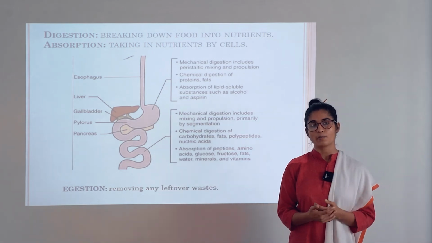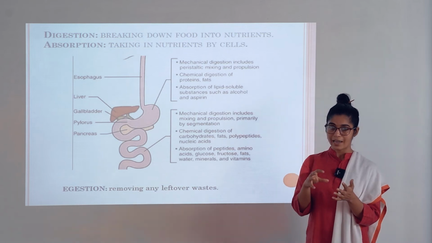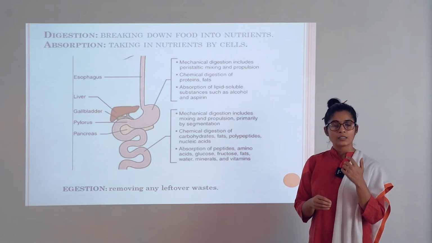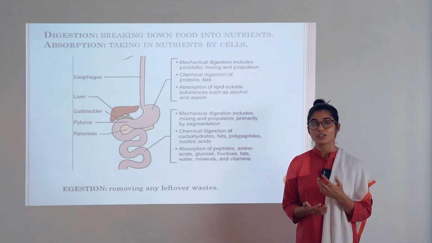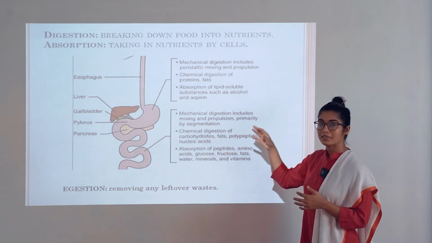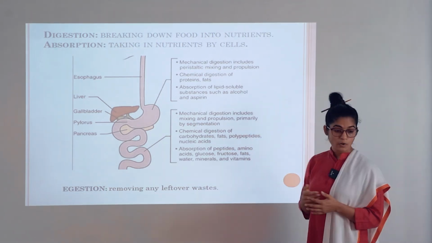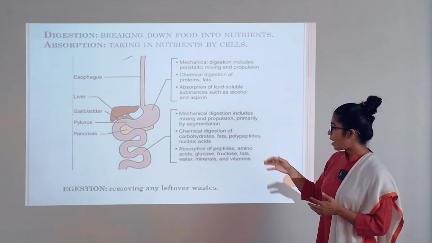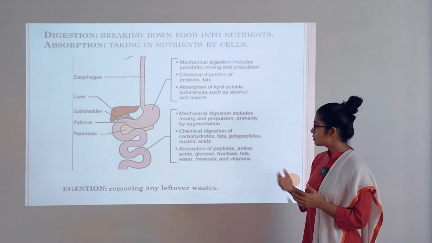These are the micromolecules. Our cells, these villi, can absorb only these micromolecules: fatty acids, amino acids and glucose. So all these digestion functions happen in the stomach and in the small intestine, and absorption also starts in the small intestine.